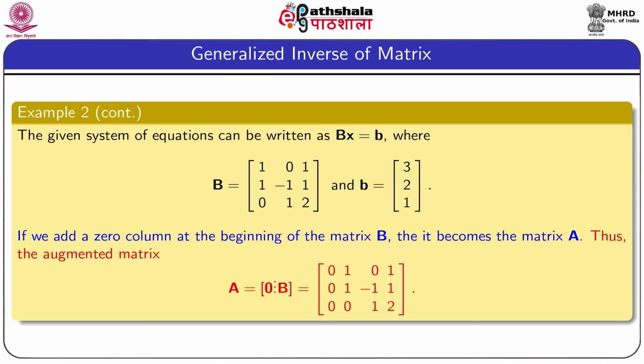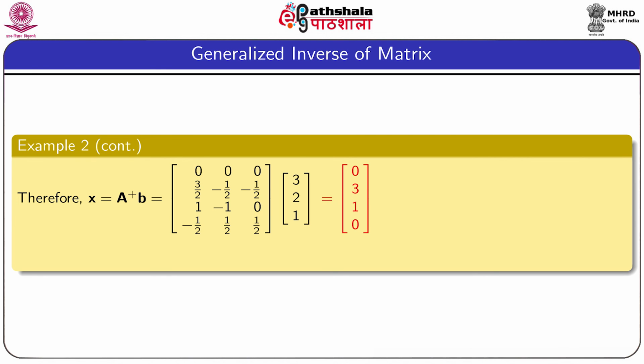Thus, the augmented matrix A equal to 0 B dot b equal to a matrix of order 3 by 4 whose first row is 0, 1, 0, 1, second row is 0, 1, minus 1, 1, third row is 0, 0, 1, 2.